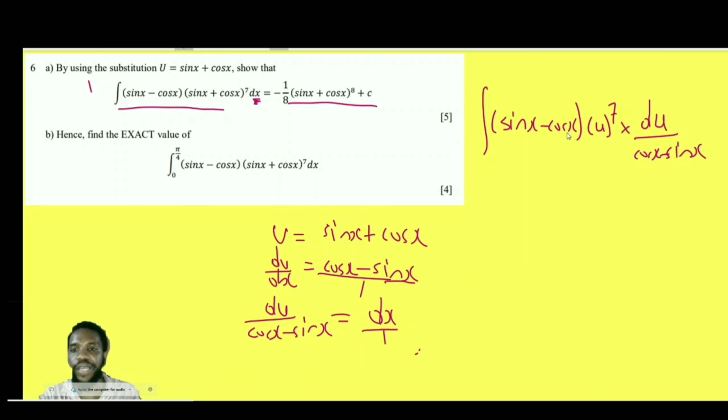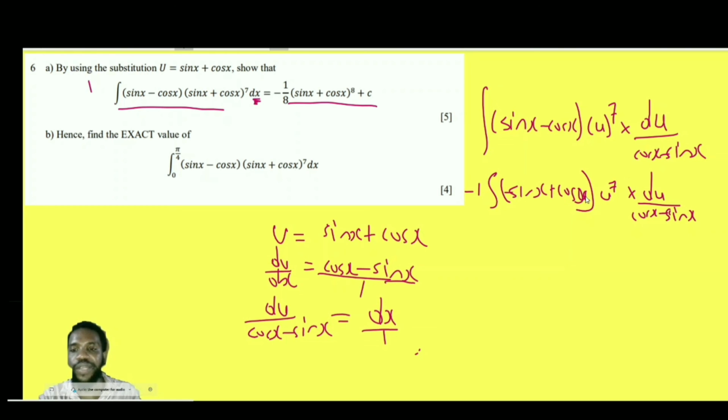Now these two things almost look alike, like they could cancel out, but they're not the same. So what I could do is factor out a negative sign here. So I have negative 1, which makes this negative sin x plus cos x, sorry, multiplied by u to the 7 times du over cos x minus sin x.